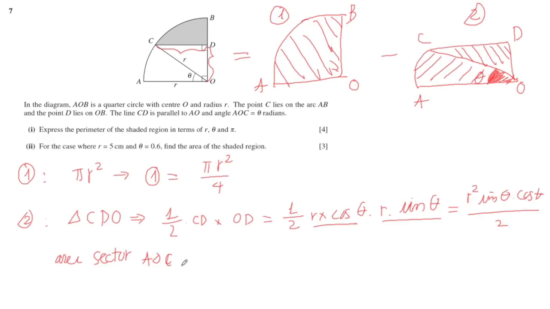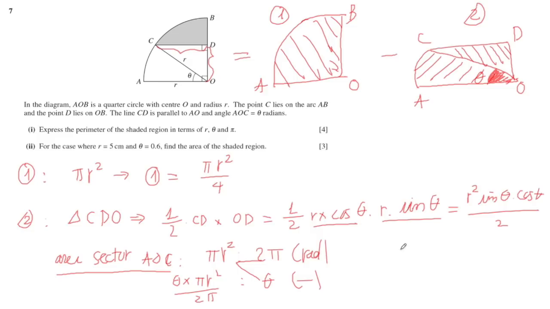The total area of the whole circle is pi r squared, corresponding to 2 pi radians, but in this case I only have phi radians. So it is proportional, by the formula phi times pi r squared divided by 2 pi. After you simplify, the area of the sector AOC will be equal to phi times r squared divided by 2.